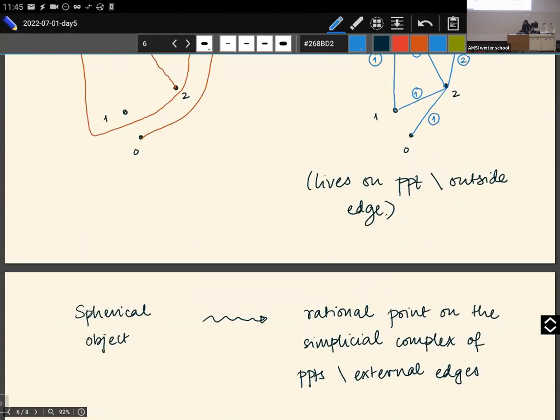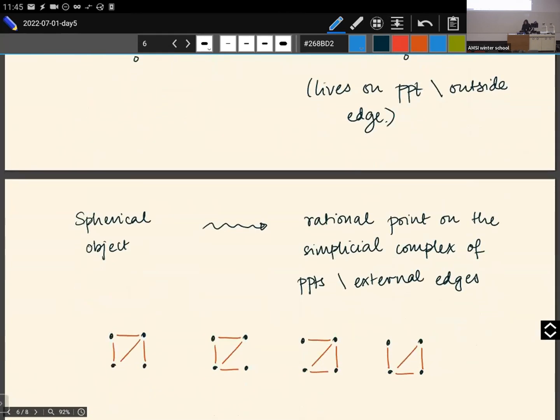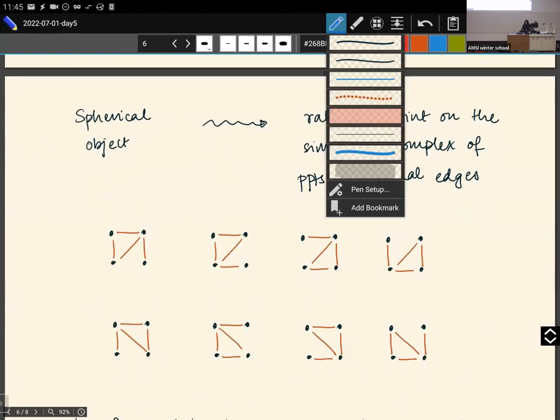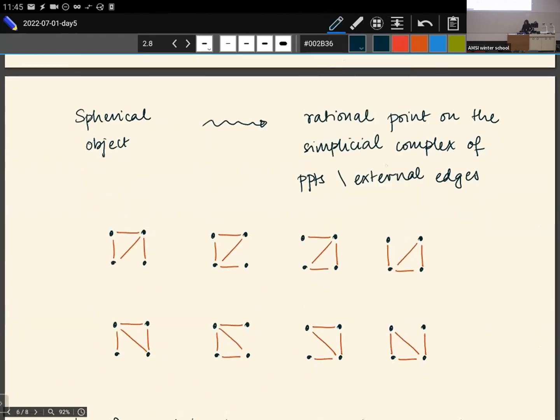Yeah, so I should have really said, I'm looking at this abstract simplicial complex and I'm taking its geometric realization.